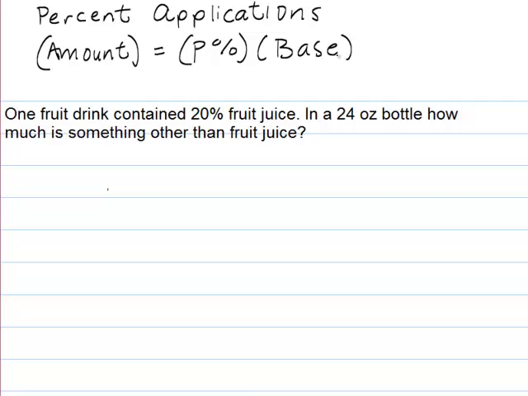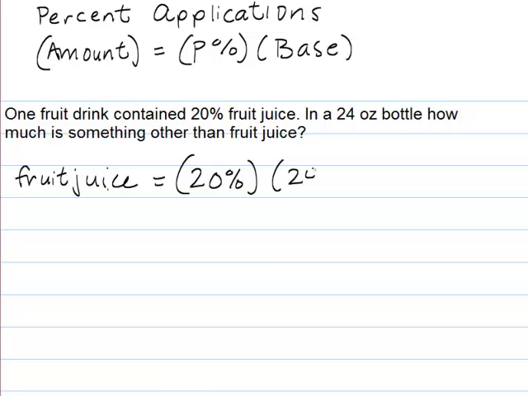One fruit drink contained 20% fruit juice. In a 24-ounce bottle, how much is something other than fruit juice? Well, first we can find how much fruit juice is involved. Fruit juice would be 20% of the total amount in the bottle, or 24 ounces.